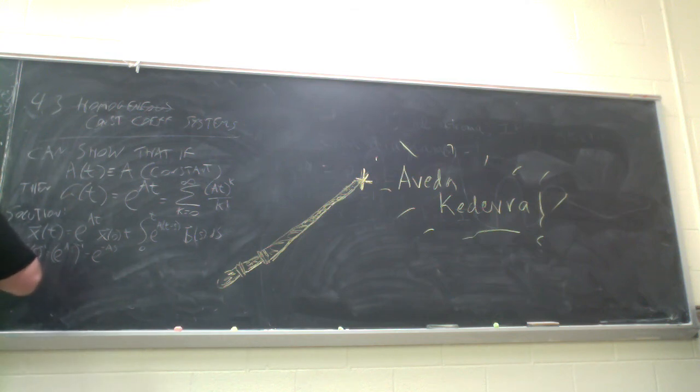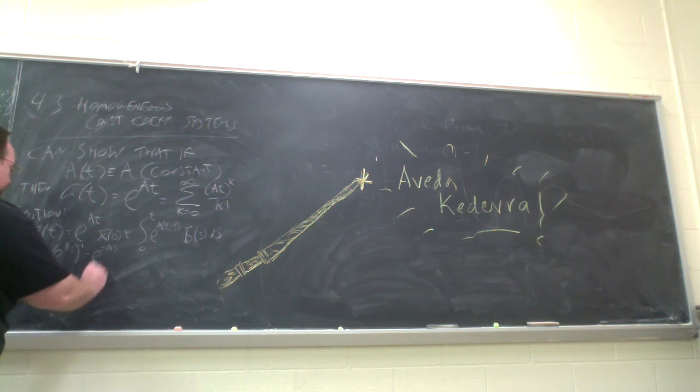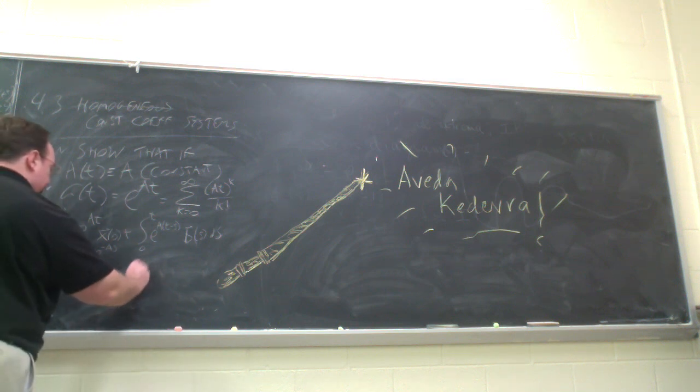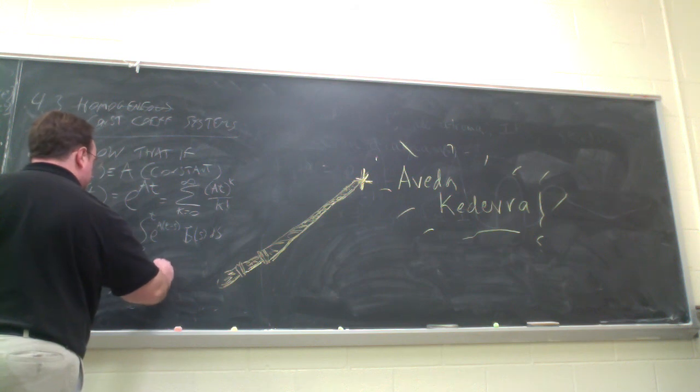Using similar manipulations as in the last section, the flow would be, so you're starting at time u and ending at time t. So it's e to the A times (t minus u) x plus the integral from u to t of the same thing.